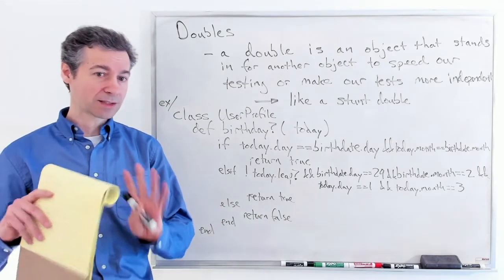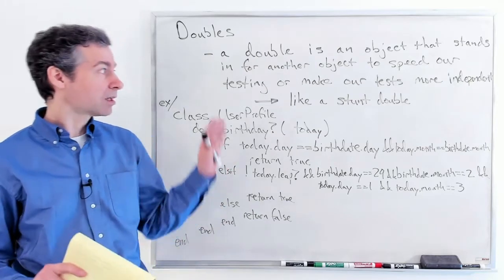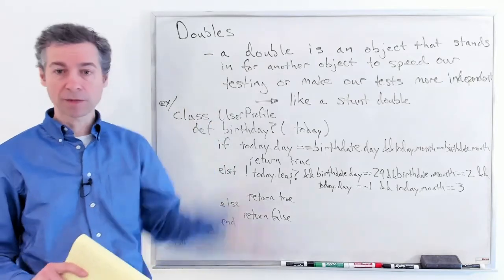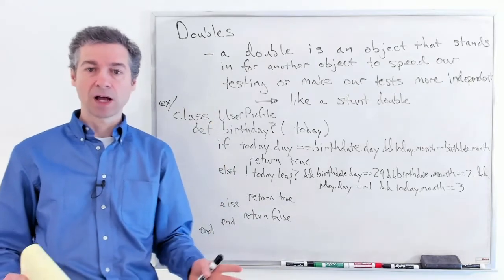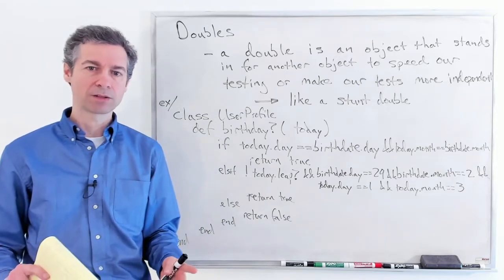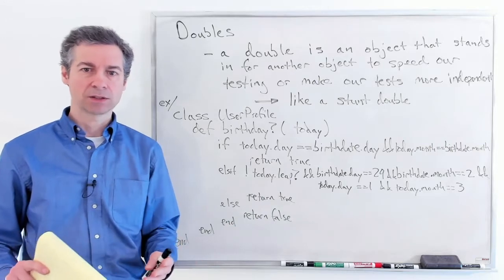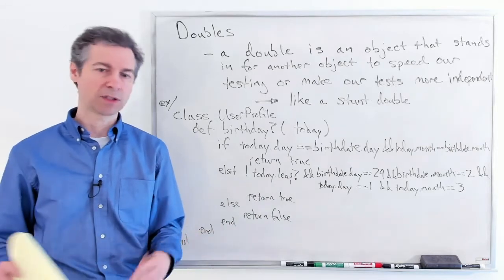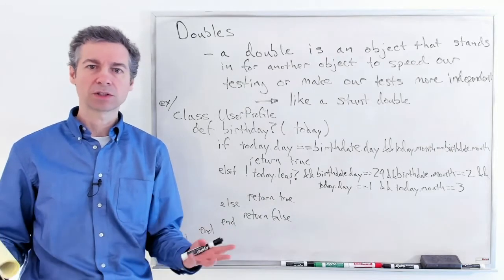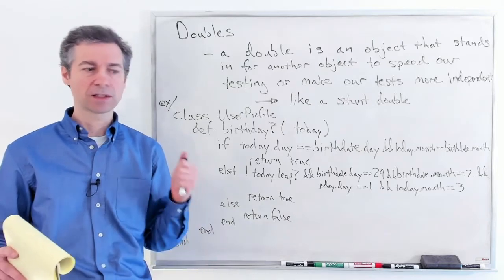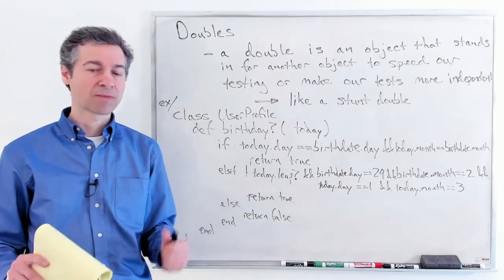I'm going to talk about something today, these doubles. Don't go necessarily out there striving to use tons of doubles in your testing with the idea that it has to be done to speed things up.